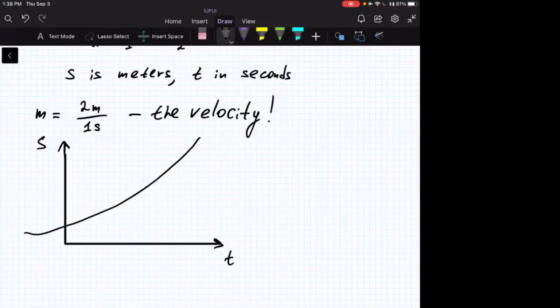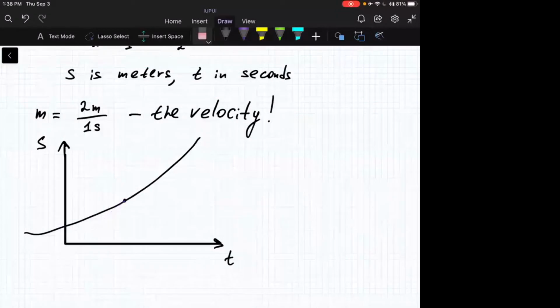Intuition says that instead of calculating the slope, because in some sense there is no slope of the nonlinear function, what we can do is calculate the slope of the tangent line.